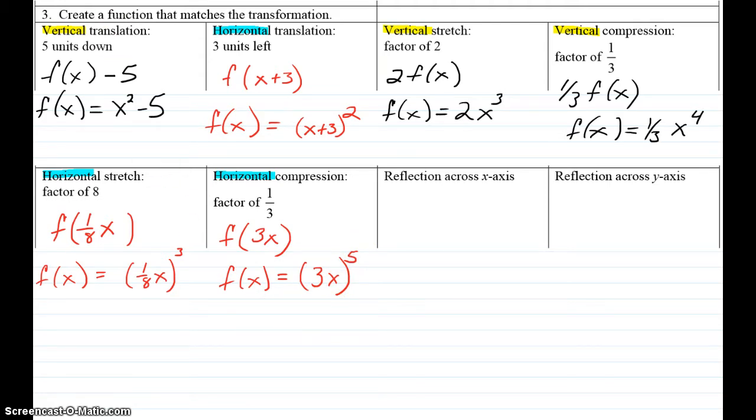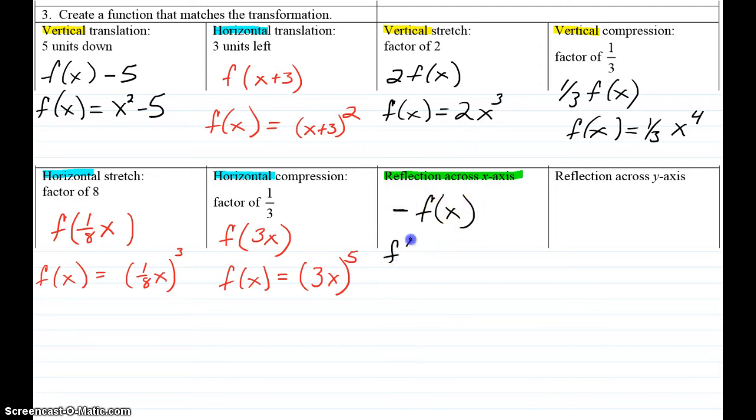Alright, and the last ones we're going to look at are the reflections. So when we go across the x-axis, it's just take the negative of the entire function.